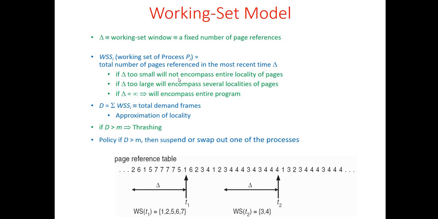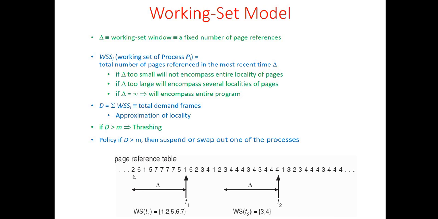If delta is too small, it will not encompass the entire locality of pages. If delta is too large, it will encompass several localities of pages. If delta is equal to infinity, it encompasses the entire program. Therefore, choosing the appropriate delta plays a very important role in the working set model.